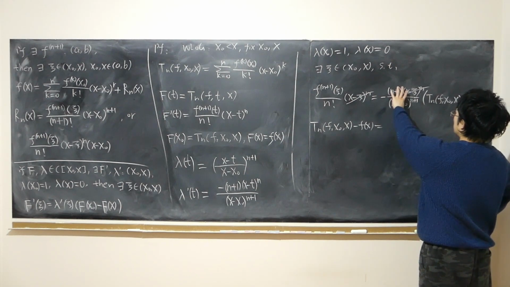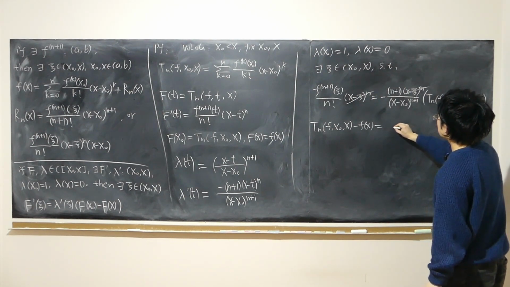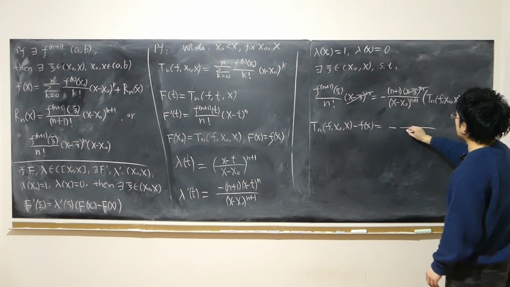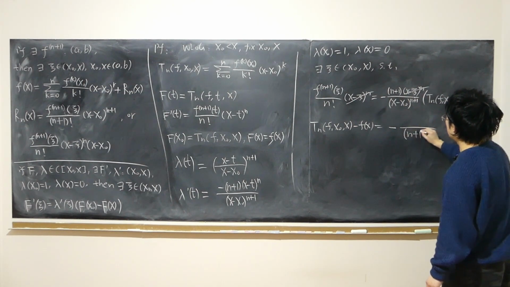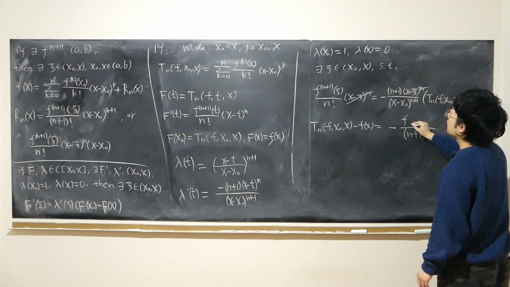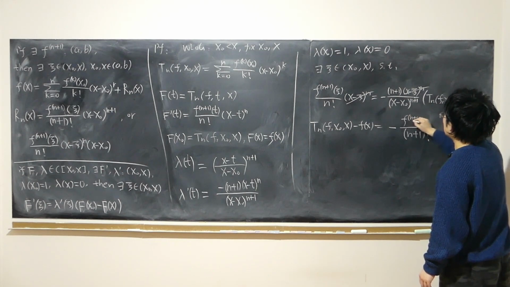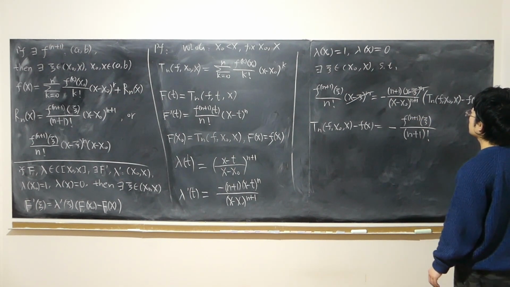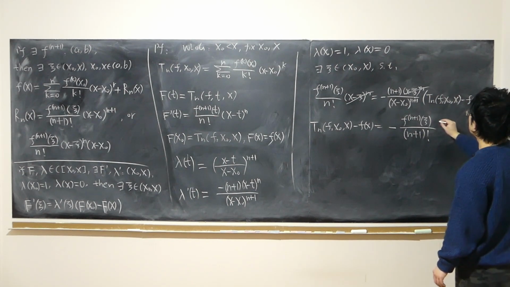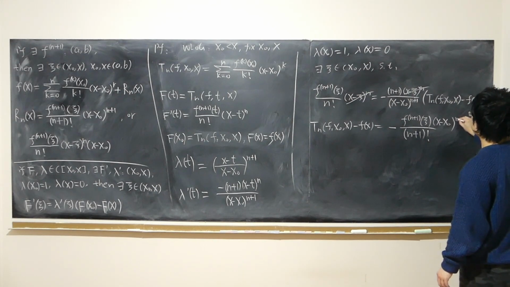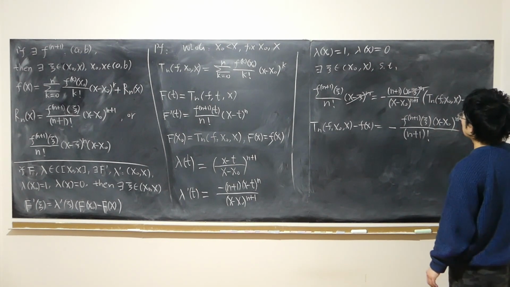Divide this over, I have minus n plus 1, n factorial, we have n plus 1 factorial at the bottom, f n plus 1 of Cauchy, and x minus x naught to the power of n plus 1.